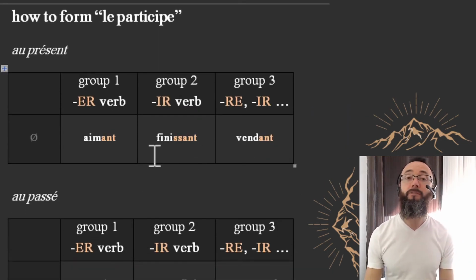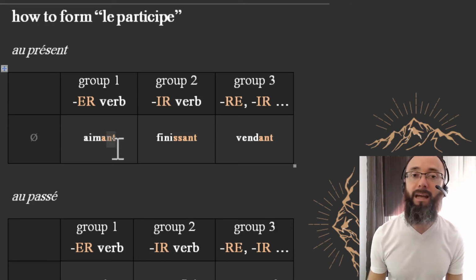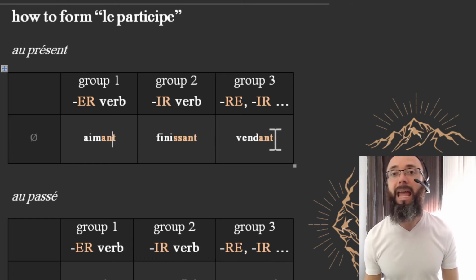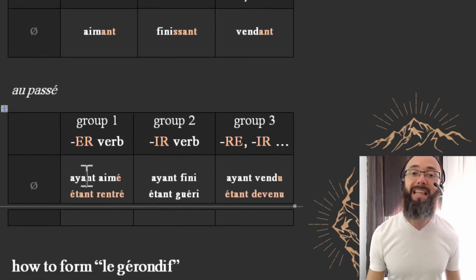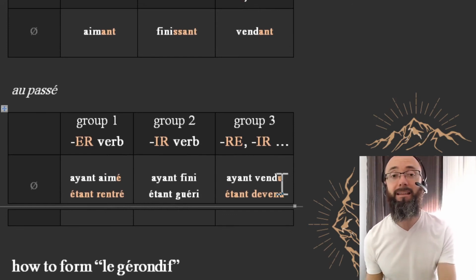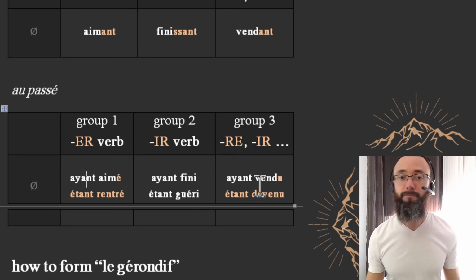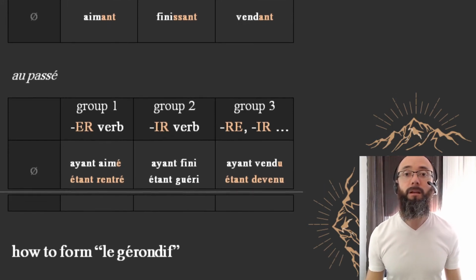The present of the participle mood is the stem of the verb, and then you add ant for group 1, ssant for group 2, ant for group 3 verbs, and then in the past, you have a slightly different conjugation form of the verb avoir and être, which are conjugated in the participle form, present participle, combined with a past participle.